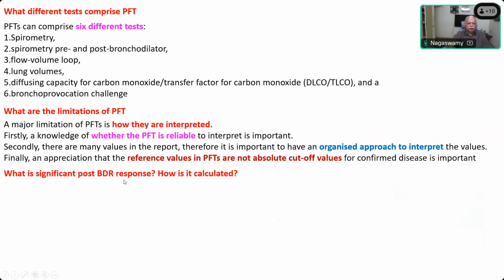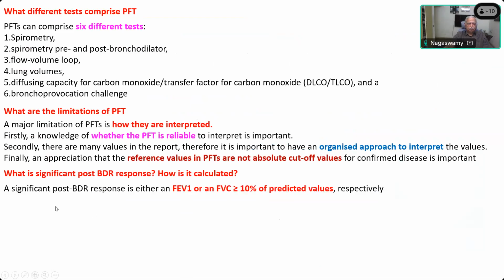So the significance of the post BDR response, and how it is calculated, is also very important. Either the FEV1 or FVC, if it improves by more than 20% of the predicted values, that means it is a good bronchodilator response.